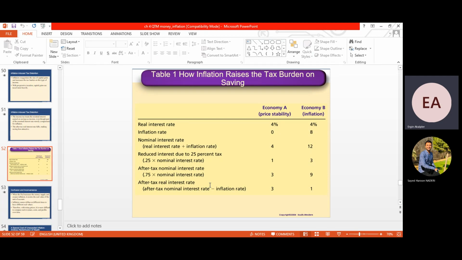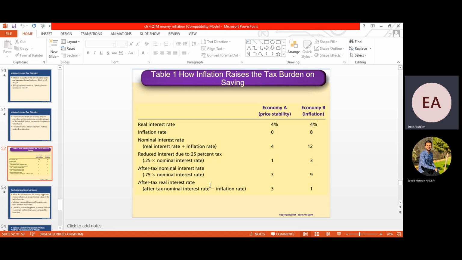As you are observing here, in economy A and economy B, there is price stability in economy A and there is inflation in B. The real interest rate is 4% for both, but the inflation rate on the one side is 0 and on the other side is 8.